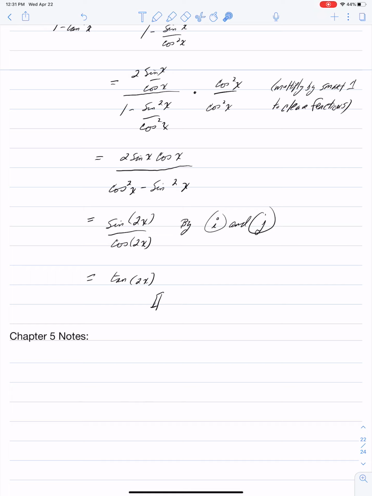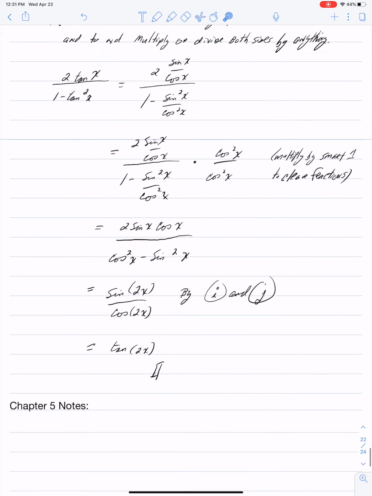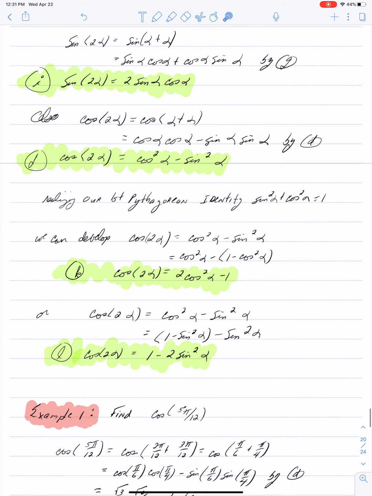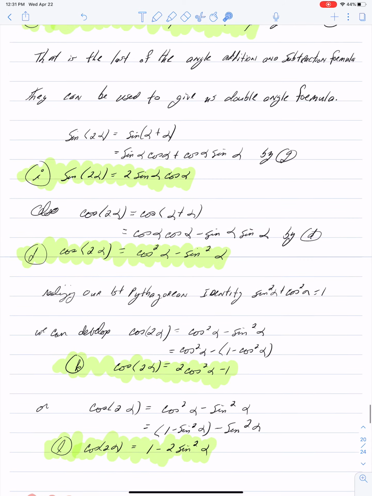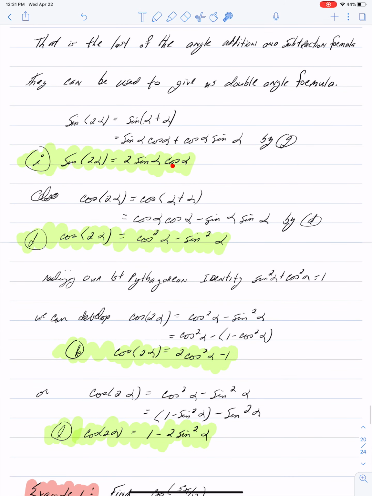Now I'm there, and I look up at the top and I think, 2 sine x cosine x. What's that? And the answer is 2 sine alpha cosine alpha is sine of 2 alpha. And by the way, cosine squared alpha minus sine squared alpha is cosine of 2 alpha.